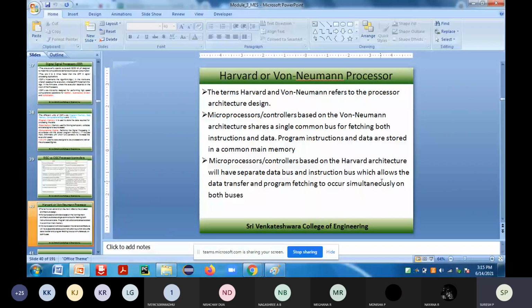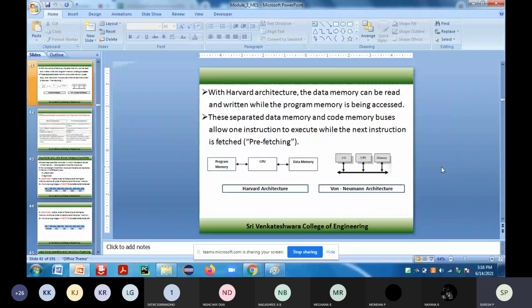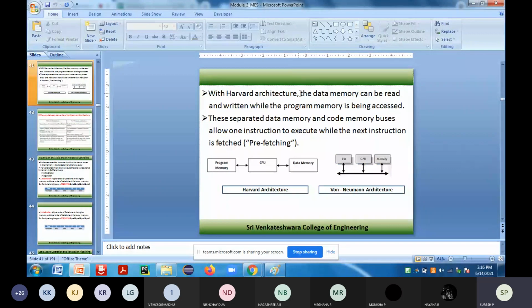Since there are separate buses for instruction access and data access, the data transfer becomes faster. Here you can see that the data can be read and written while the program memory is being accessed.